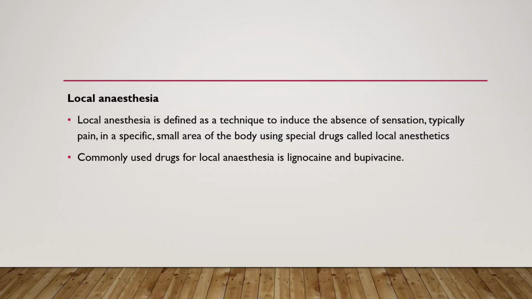The commonly used drugs in intermediate duration are lignocaine, mepivacaine, prilocaine and cocaine. The next one is long duration, which means 2 to 3 hours. The drugs are bupivacaine, levobupivacaine, ropivacaine, tetracaine, etidocaine and dibucaine. Dibucaine is the longest acting local anesthetic.